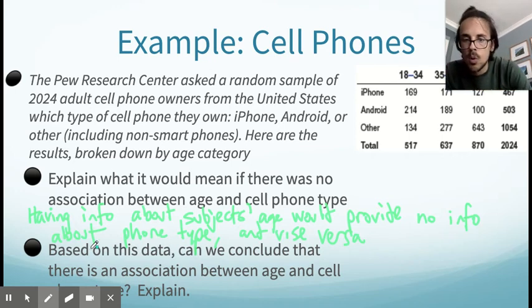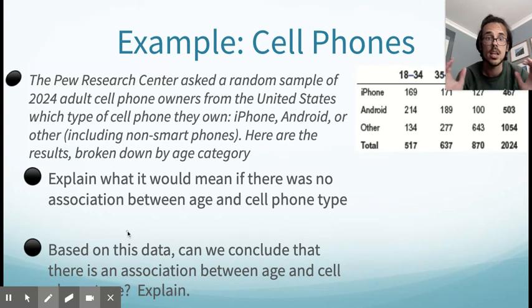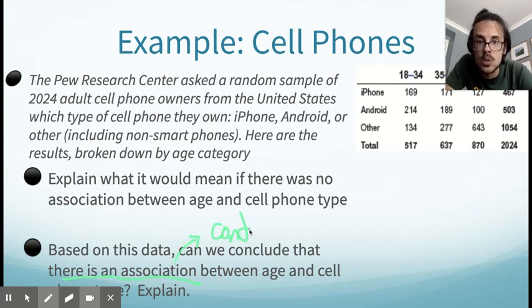Now, we have one more example here where I'm going to walk you guys through a conditional distribution, and this is going to be a little rough because I should have written down my percentages ahead of time, and I totally didn't here. So bear with me as we talk about these. When the problem says, is there an association between these variables? As soon as you see that, we need to look at the conditional distribution.